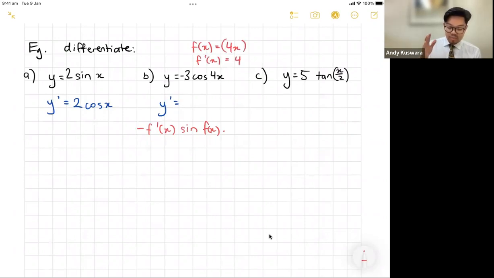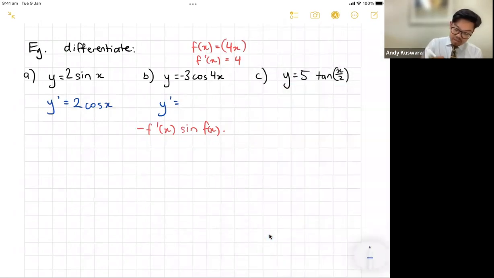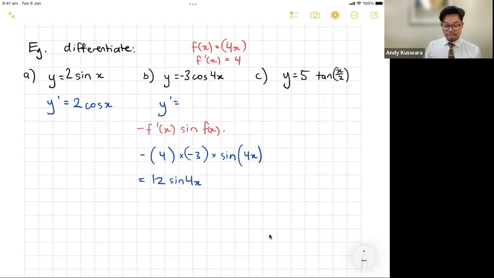So first, our negative times our derivative, which is going to be 4. I'm still going to have that negative 3 from before, because that's a constant. Cos becomes sine, and our bracket, our function, stays the same. Cleaning that up a little bit, I'm left with positive 12 sine 4x. That becomes our derivative.